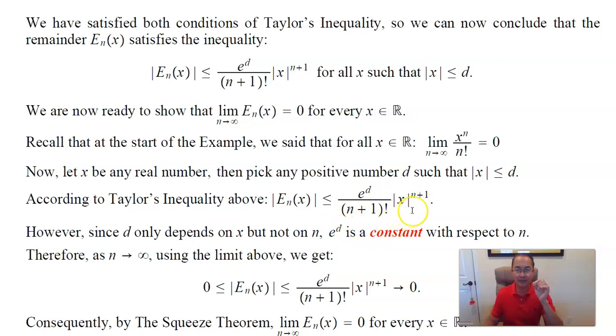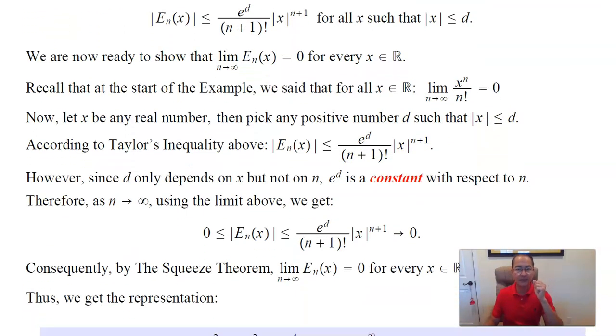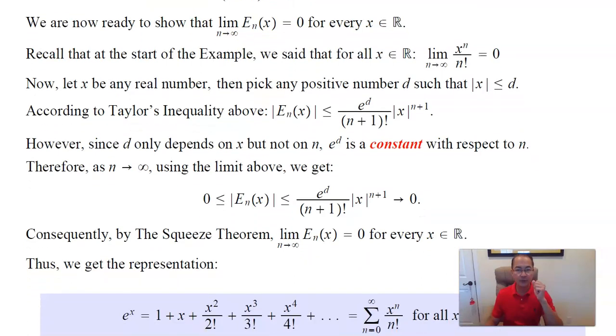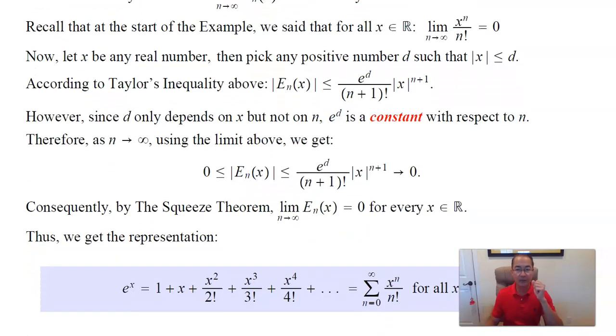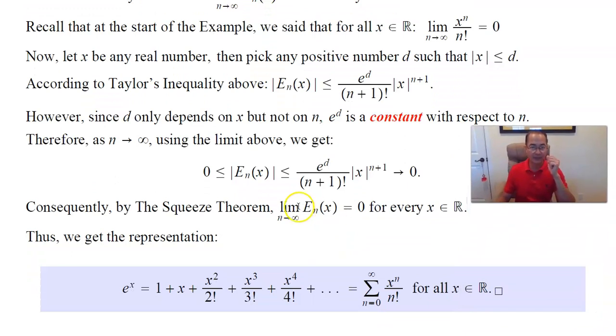This is the only part that depends on n. This factor does not depend on n. And we know that this factor goes to 0 because of this limit. So that's basically the squeeze theorem. If the bigger number goes to 0, then the smaller number goes to 0. And of course, everything here is positive. You have 0 as a lower bound for that value.